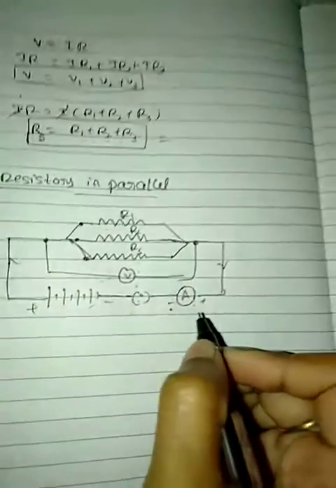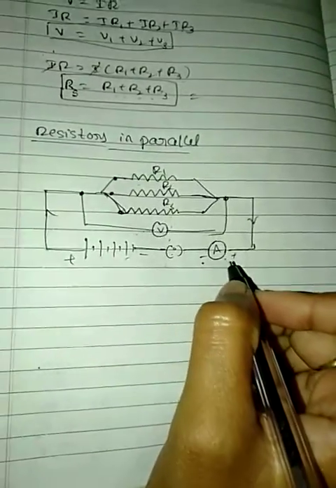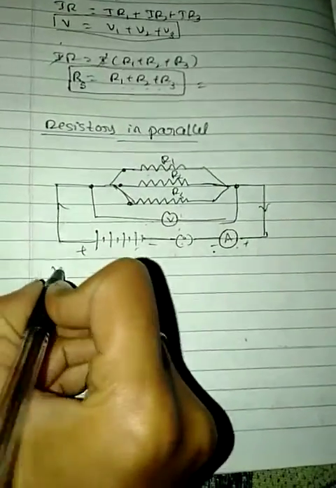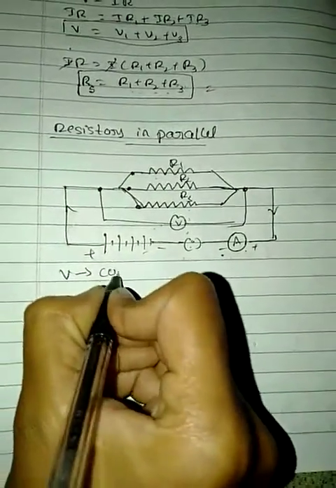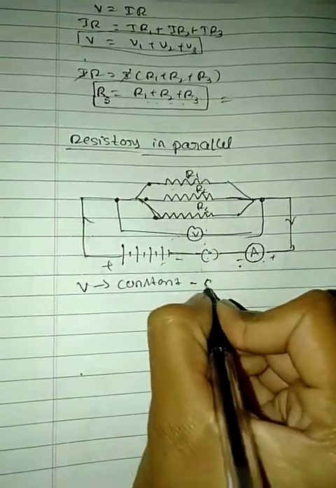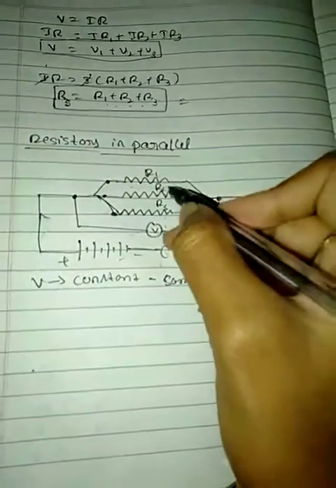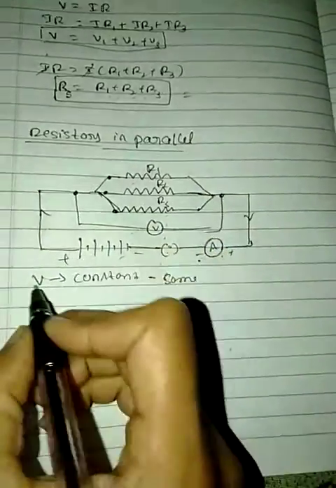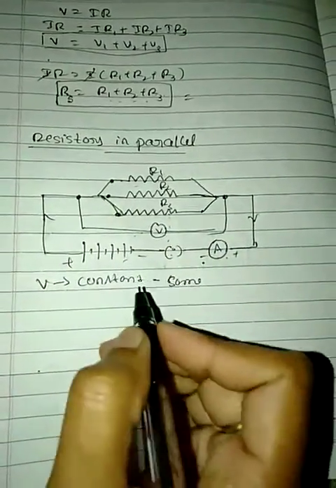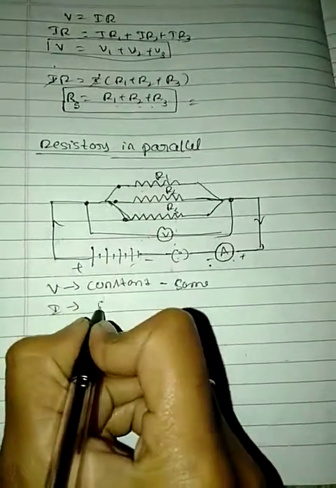Okay. When your resistors are connected in parallel, the potential difference V is the same or constant. Remember, the potential difference V is the same across each resistor, but the current I is different.